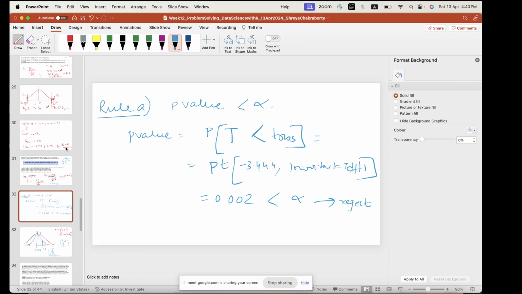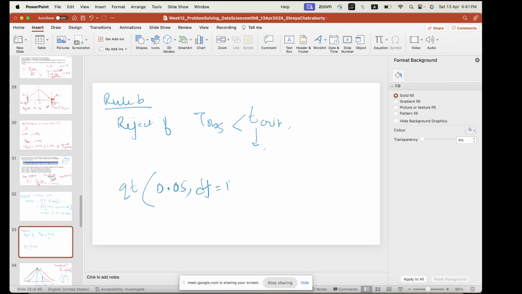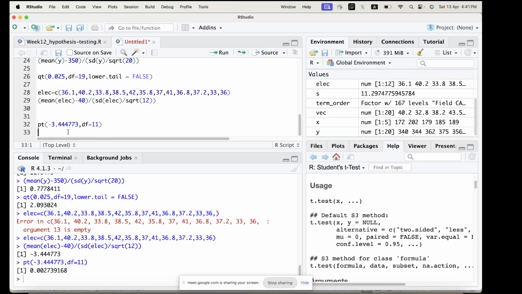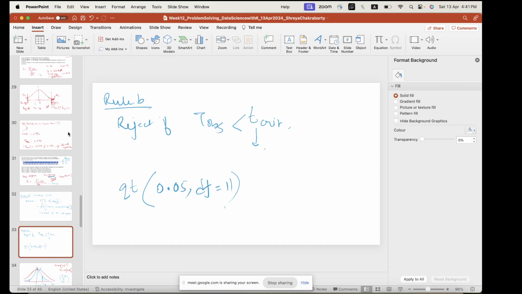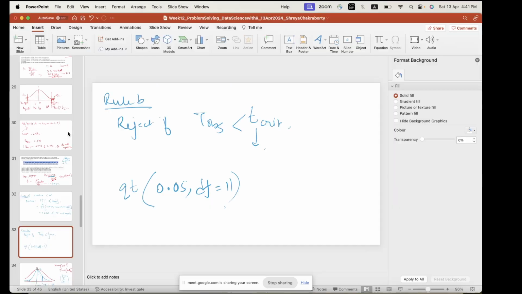This is one way. The second way is to reject if t observed is less than t critical. And what is this t critical? T critical is qt of 0.05 with df equal to 11, that is minus 1.79.